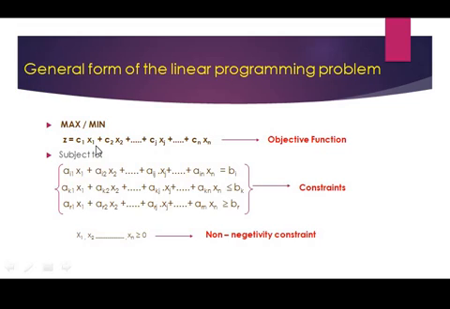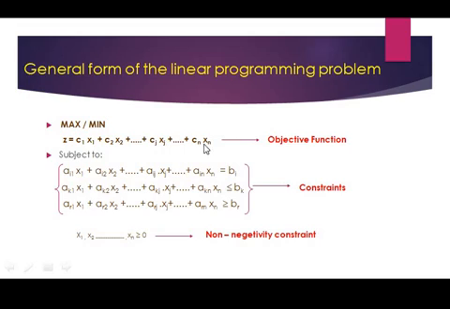So what is the objective function? This objective function is a linear function of all the decision variables. So x1, x2, x3, these are all the decision variables. These are all linear in nature and it can have coefficients C1, C2, C3, so on up to Cn. These decision variables in terms of a linear function, I am denoting it as z.